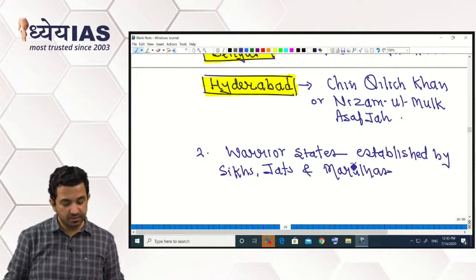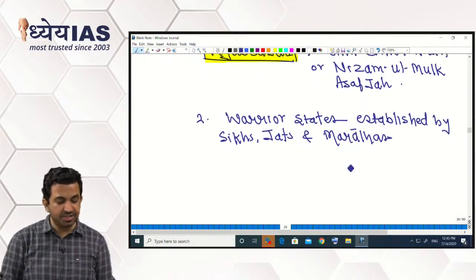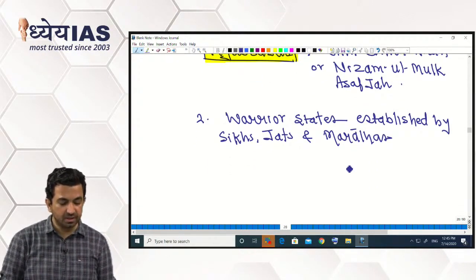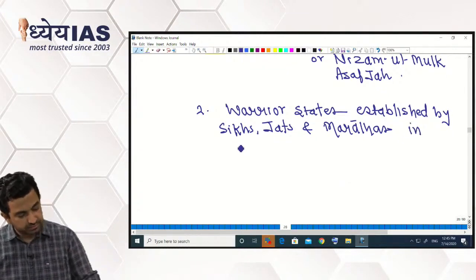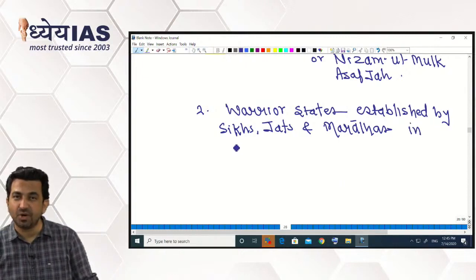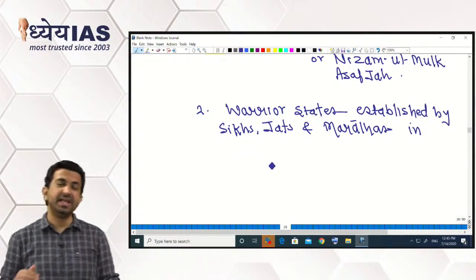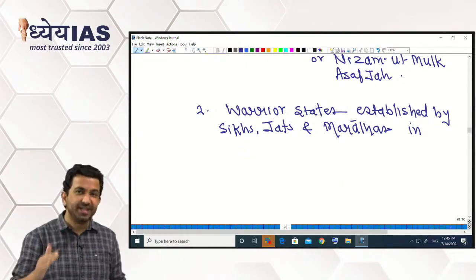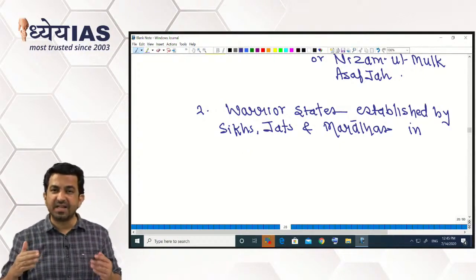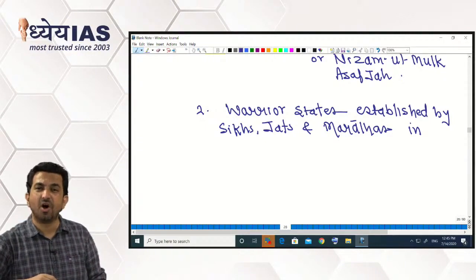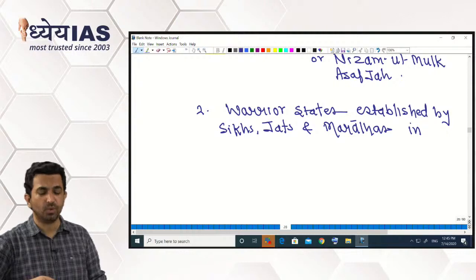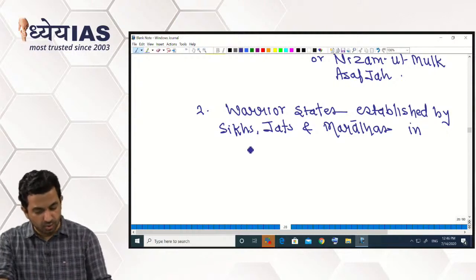Warrior states founded or established by Sikh, Jats and Marathas. Okay, and when did they establish these states? In course of their rebellion, in course of their revolt against the oppressive policies of Aurangzeb Alamgir, the last powerful Mughal emperor.